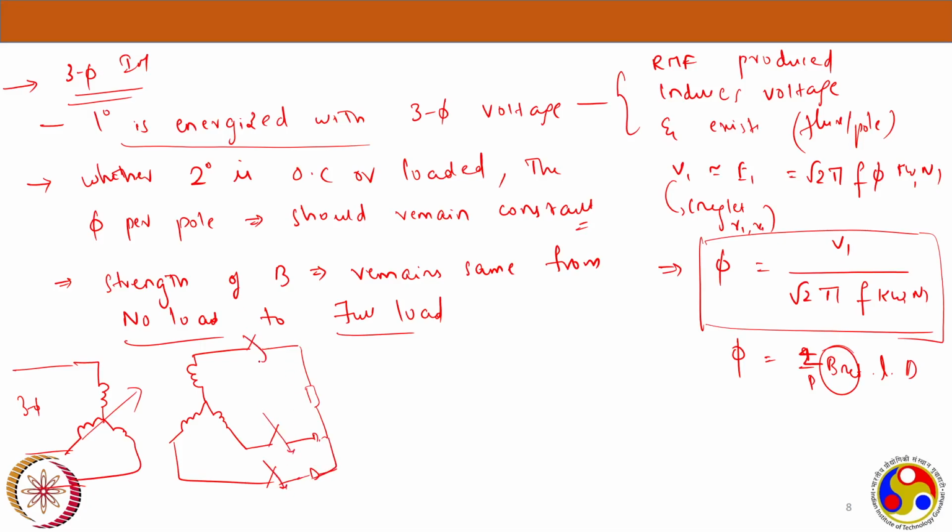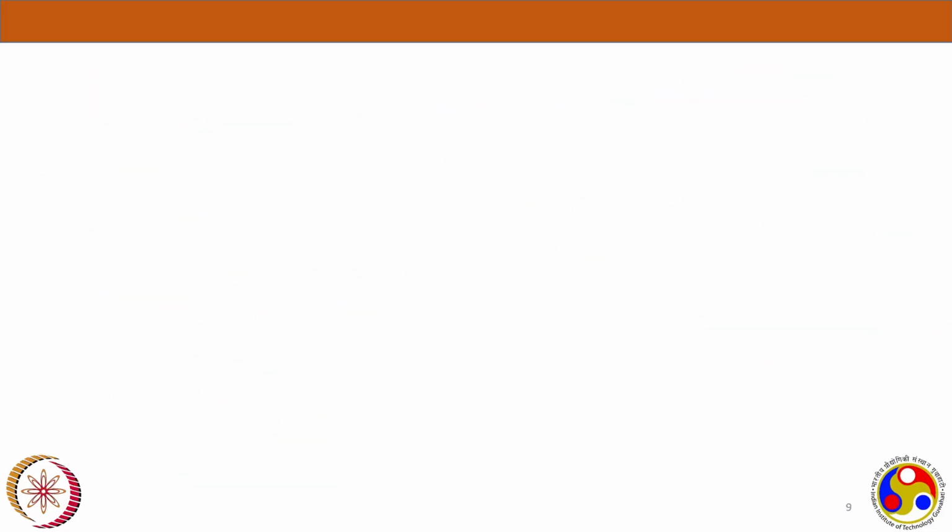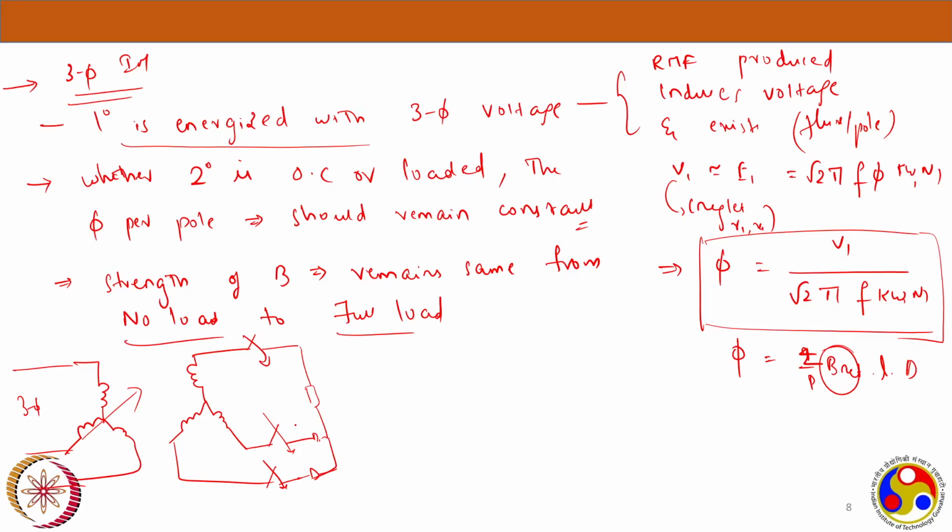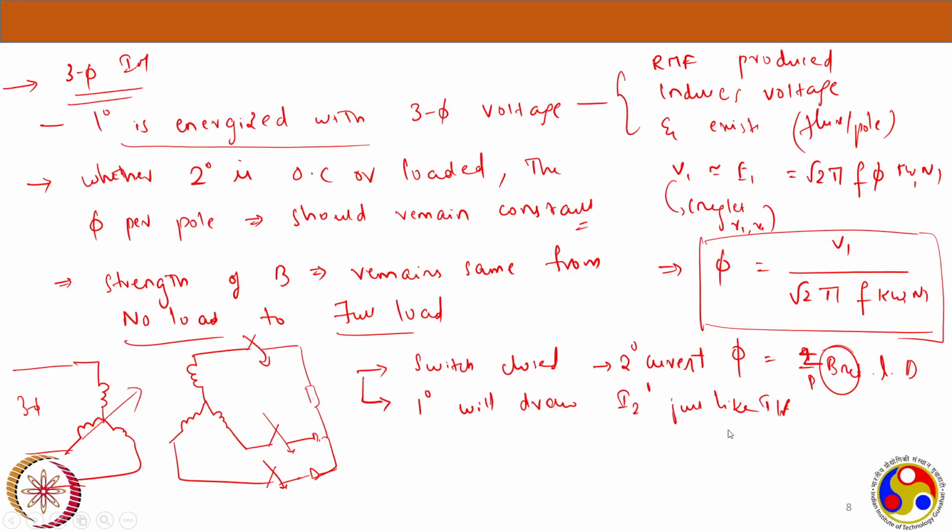This MMF will draw some current, and this particular MMF needs to be taken care of by the primary. With the switch closed, secondary current will pass. As a reaction, my primary will draw this I2 dash, just like the transformer, so that the MMF is taken care of.